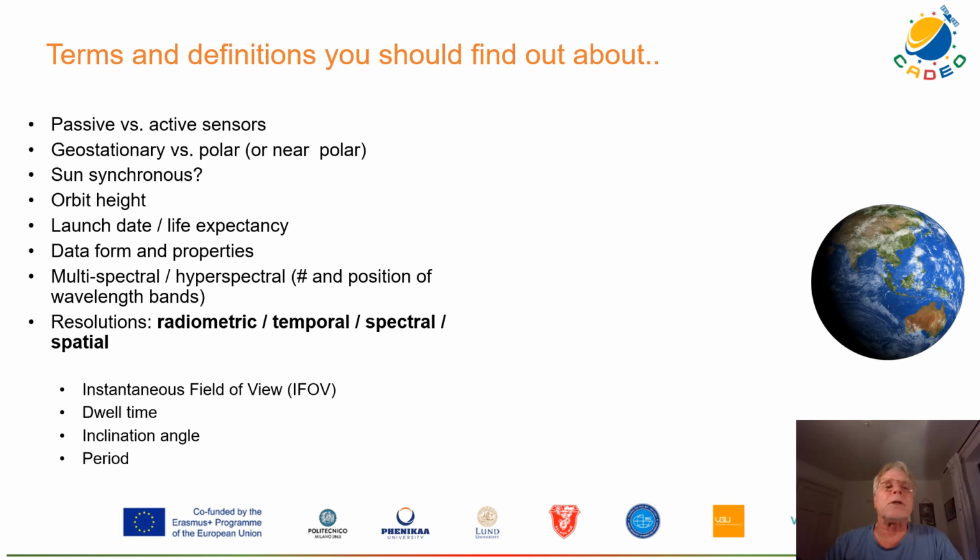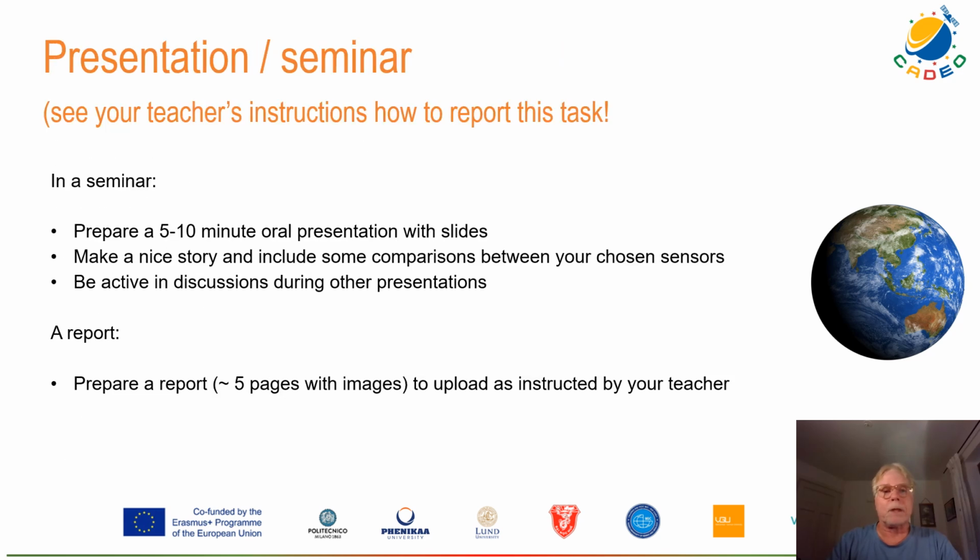The spectral resolutions, where are the bands positioned, and how wide are they? What's the spatial resolution on the ground, the area per cell unit? Radiometric resolution, how many bits do we have per cell value? And the temporal resolution, how often is the data reoccurring? So those things you should find out.